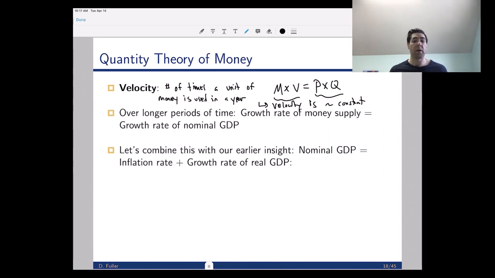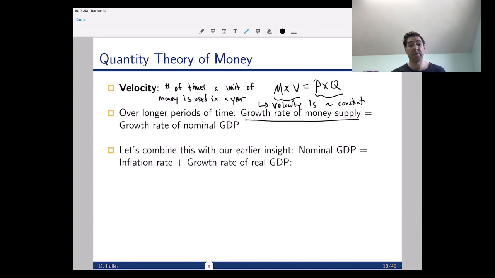And so what we're going to do then is make a note here that over a long period of time, let's say over 10 years, what we've noticed pretty consistently is that the growth rate of the money supply, how quickly M2 grows, think back to that graph I had before that showed M2 increasing over time, so the growth rate in M2 is basically equal to the growth rate of nominal GDP. That appears to be true.